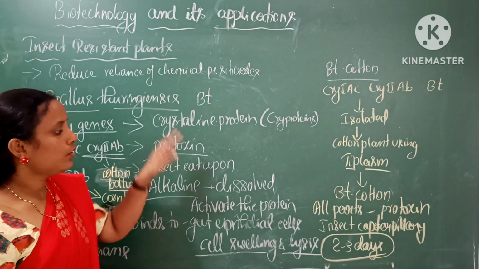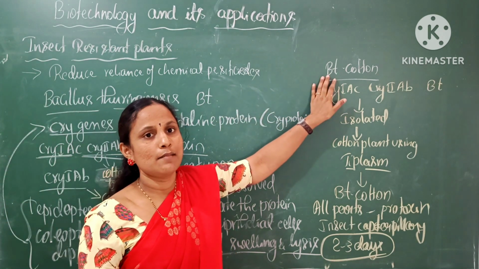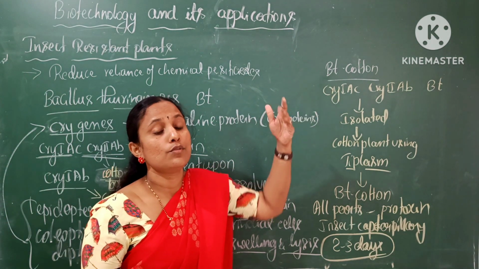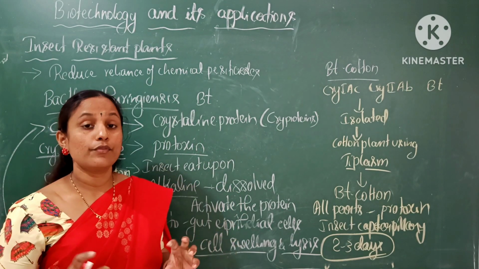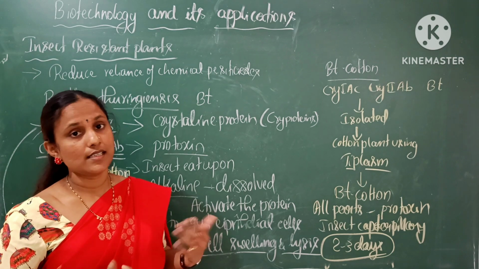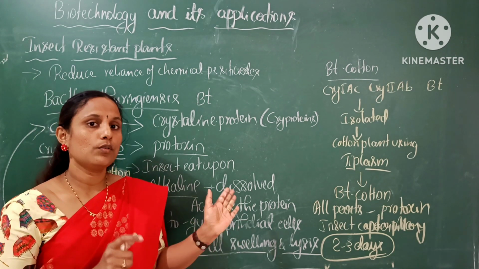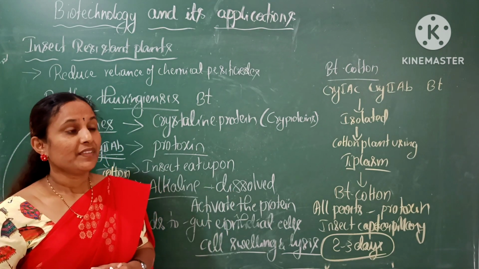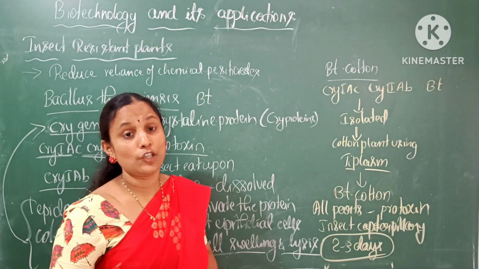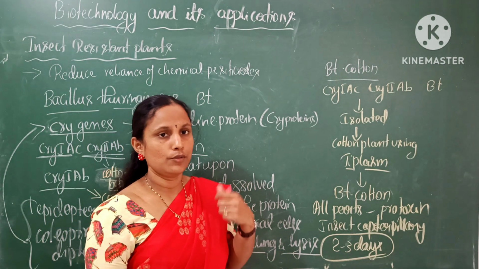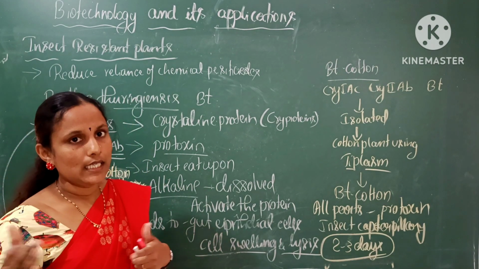So this production of insect resistant plants is one of the technologies to produce more product from the plants without using any chemical insecticides or pesticides. Not only cotton, there are other crops which are genetically modified to improve insect resistance. So that is BT genes.